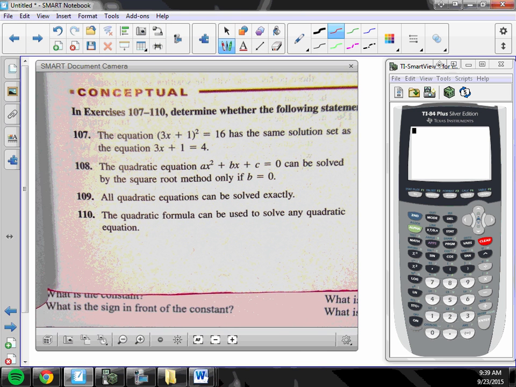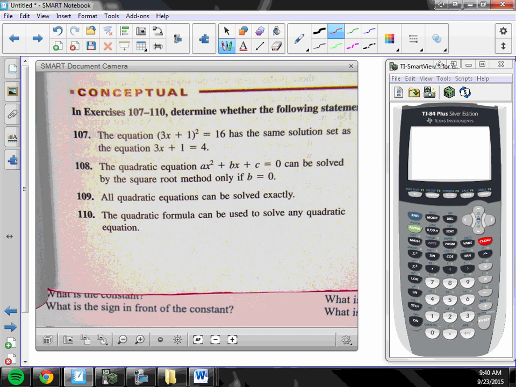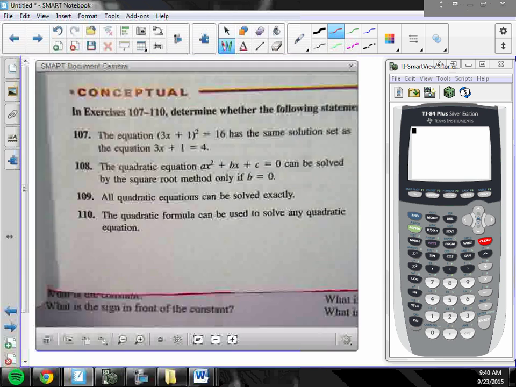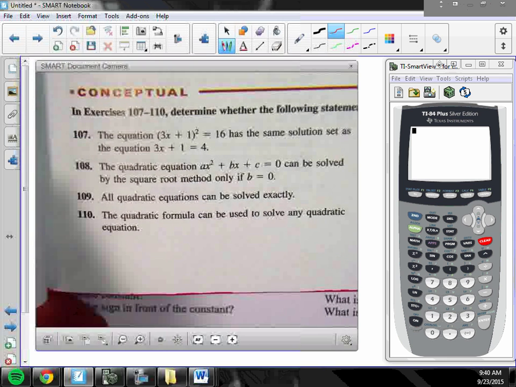Yes. Are those answers approximations? No, they're exact answers. If you have square roots in them, then true. Okay. 109 was true, which is the same as 110, essentially.